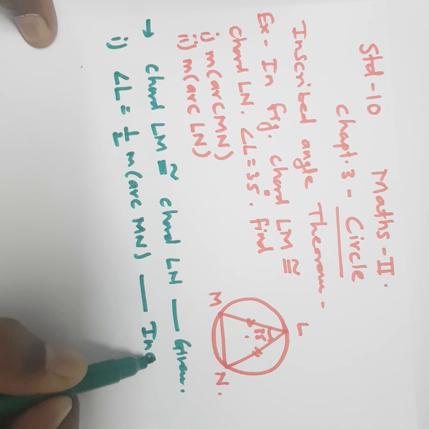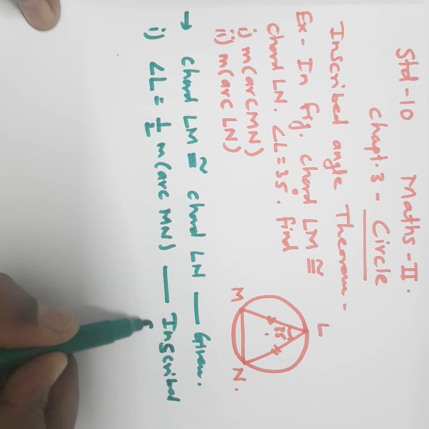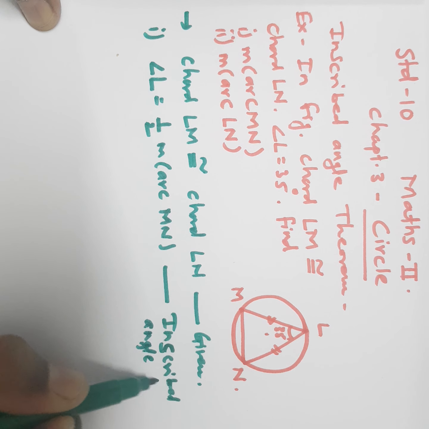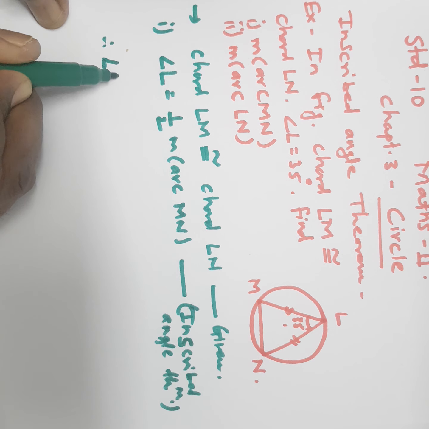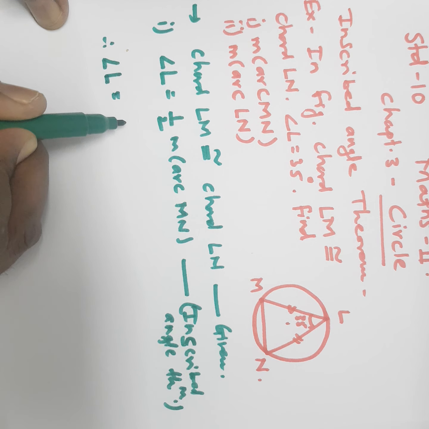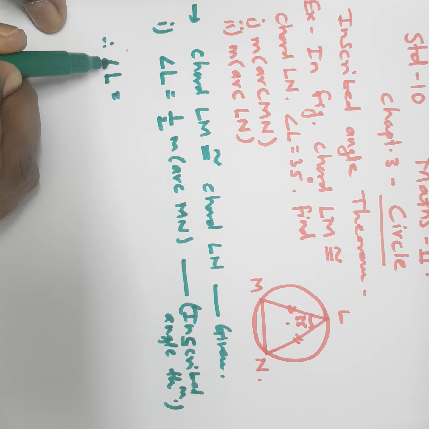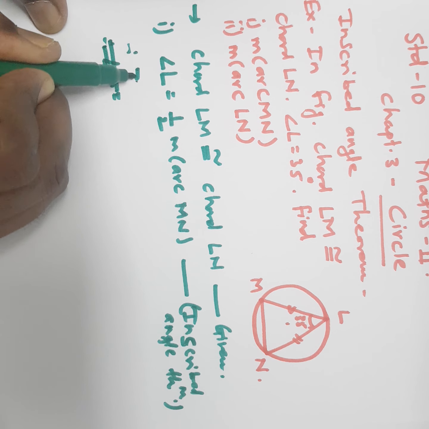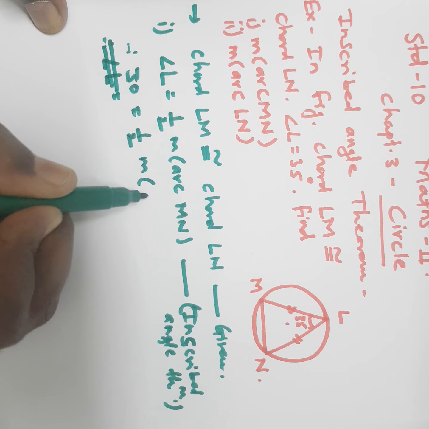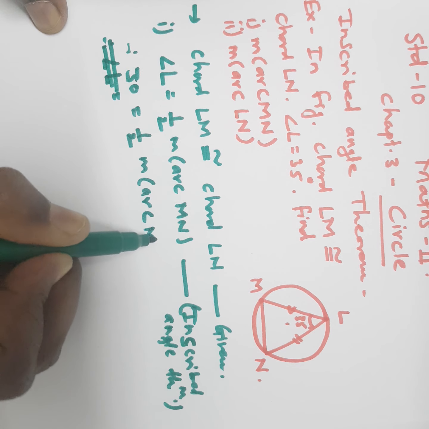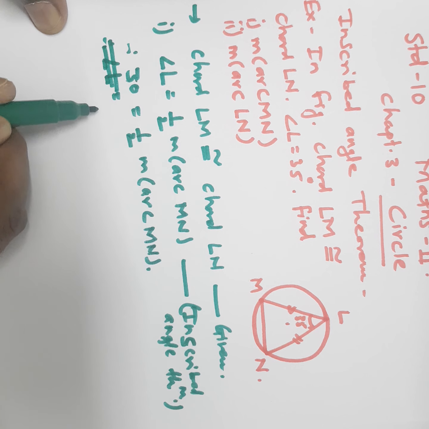Inscribed angle theorem. Therefore angle L is equal to, angle L is given 30 degrees, therefore 30 is equal to 1/2 measure of arc MN.